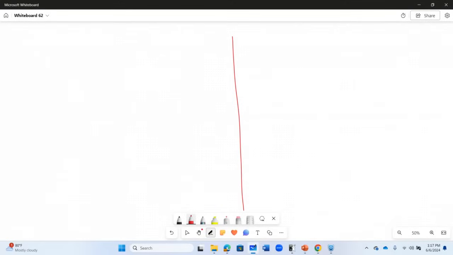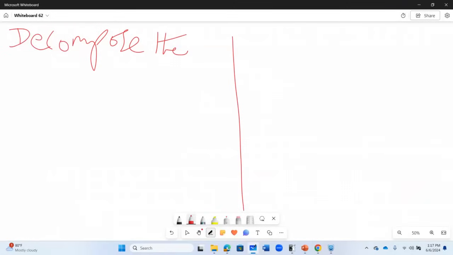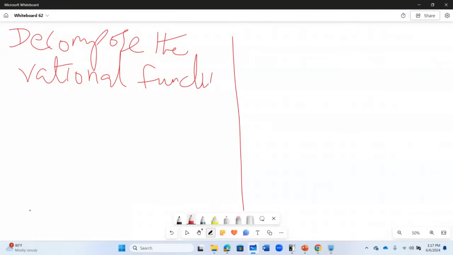Okay, so we decompose the rational function into partial fractions.